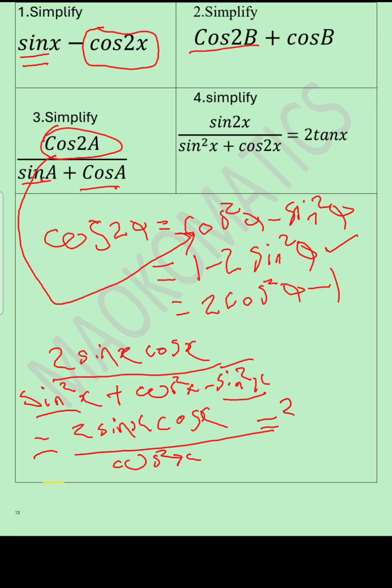So you'll have 2 sine x over cos x, and this is equal to 2 tan x.